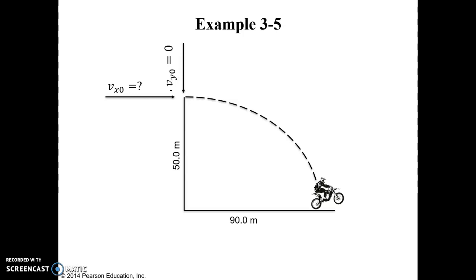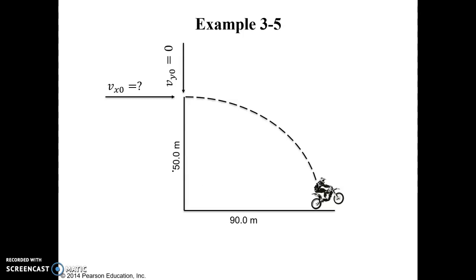The initial vertical velocity is 0, so all of the velocity initially is in the horizontal direction, and then the bike is going to start to accelerate in the downward direction due to gravity. Keep in mind that the horizontal velocity is not going to change. Whatever this initial velocity is here, it's going to be the same when he lands, because we are ignoring air resistance. So what we need to do is establish what we know and what we don't know.